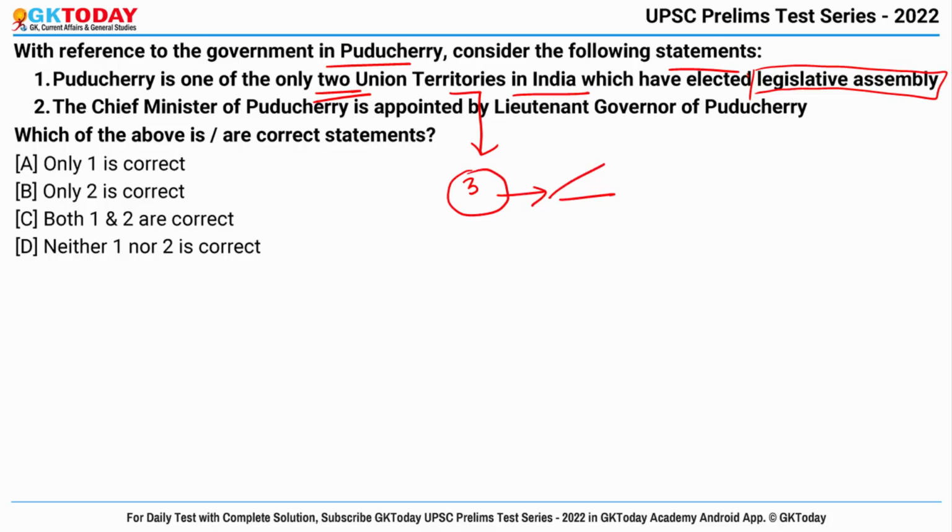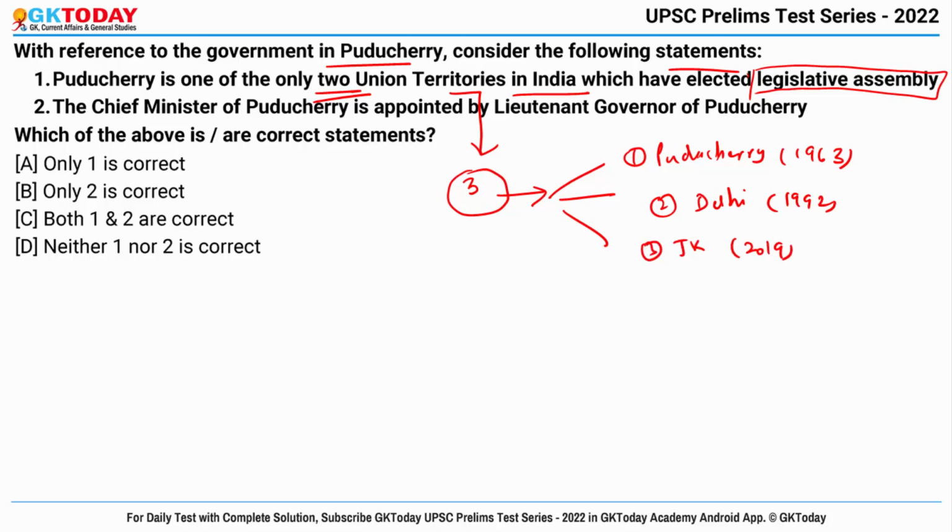And which are these? First is Puducherry itself, which got its assembly in the year 1963. Then second is Delhi in the year 1992. And third is Jammu Kashmir in the year 2019. So due to the word 2 that has been written here, it is wrong.